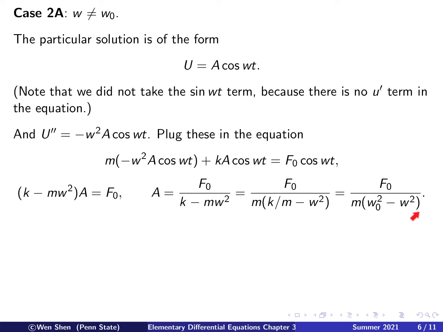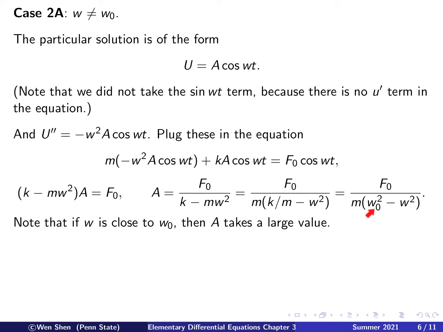Okay, so A can be written like that. Now, from this expression, it is easy to see the following observation. If w naught and w are close in value, then the denominator here is close to 0. Then A would take a large value.